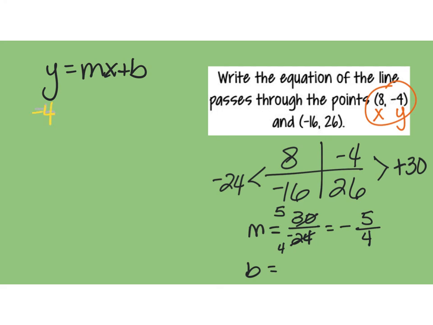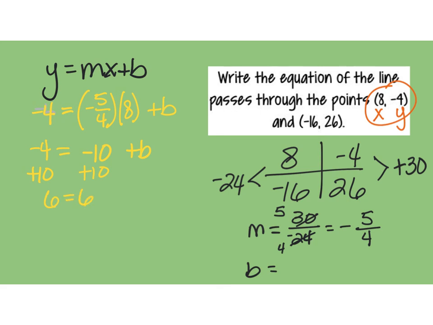Negative 4 equals my slope here, negative 5/4, times 8 plus b. So negative 5/4 times 8. 8 times 5 is 40, divided by 4 is a negative 10, plus b. I add 10 on both sides, so 6 equals b.